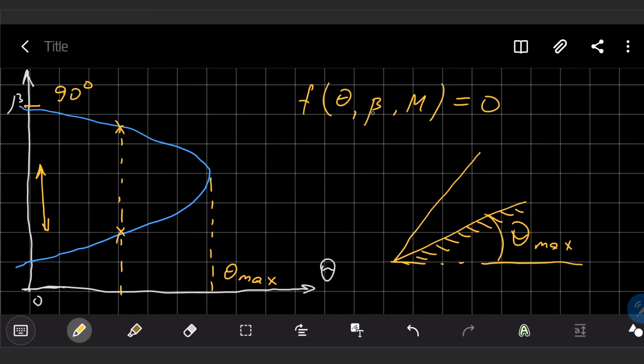But from another point of view, if you know how to solve the theta-beta-M function numerically, for example using the method of Newton, you can also work directly with theta. And no matter which parameter you work with, optimizing theta or optimizing beta, the final result should be the same for both approaches.